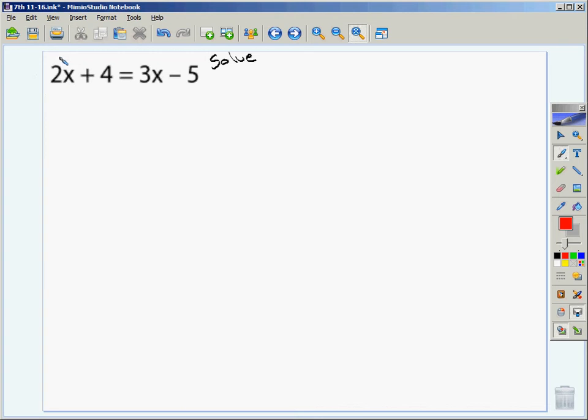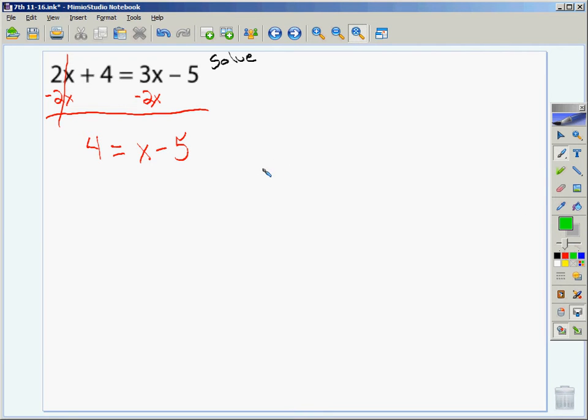How would I get rid of this positive 2x on the left? I would subtract it. So go ahead and underneath the 2x and the 3x, write minus 2x. On the left, what's going to happen to the x's? It's going to cancel out. It's going to leave me with 4 equals 1x, or just x, minus 5.